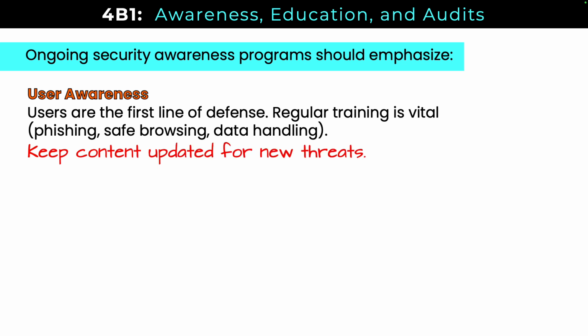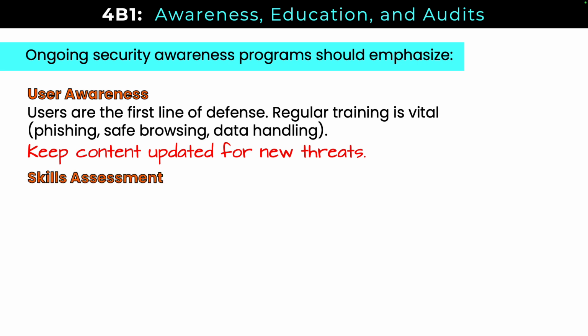For example, we see a lot of talk about the role of AI in security and how attackers are leveraging AI to threaten our organization. So the content needs to be updated frequently. I like a quarterly cadence for user awareness training. Some organizations will only do it semi-annually or annually. Not enough in my opinion, but enough of that.